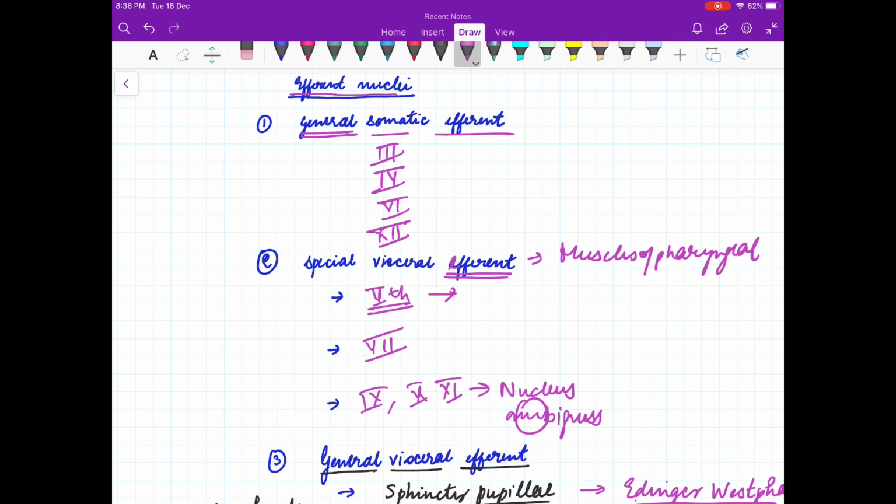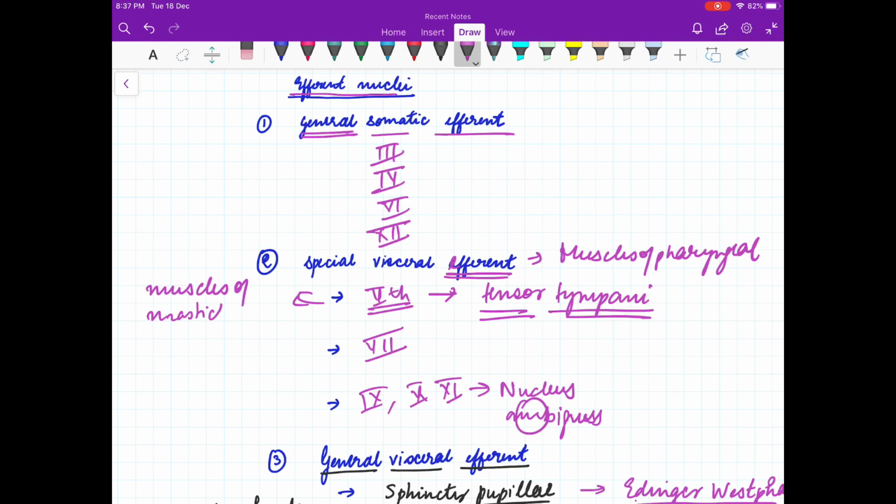So as you know, tensor tympani and tensor veli palatini are derived from first pharyngeal arch. It also supplies muscles of mastication.